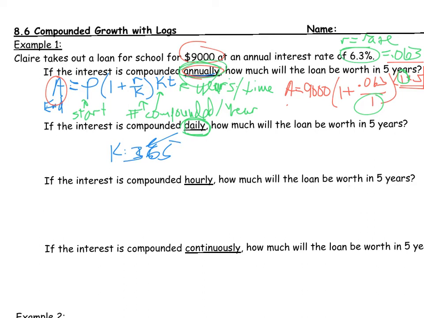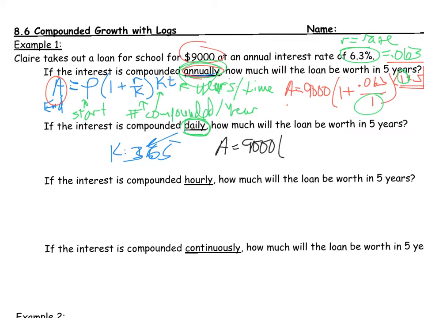So plugging it into this formula again, I'll use black this time. The amount we're going to have after 5 years if it's compounded daily. Now, the more you compound the interest, the more money you're going to make. So not a ton more, but you will make a little bit more money, or have to pay more in this case. So 9,000 is what we start with.